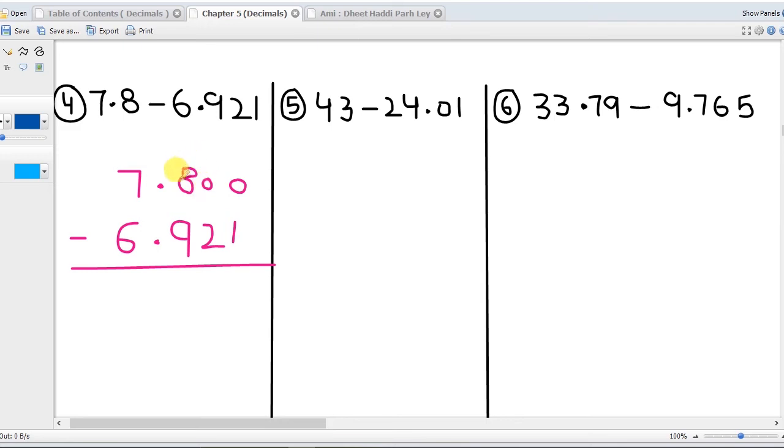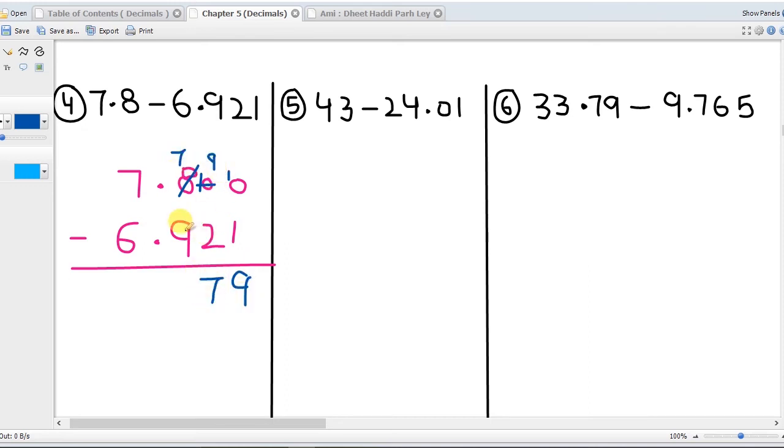We move on to the next neighborhood digit. This is 8. The new number here becomes 7. This number becomes 10. Now you can take away from this 10, so this number becomes 9, and you can take borrow from here. You have to be super careful in this case. So 10 take away 1 is 9, and 9 minus 2 is 7.